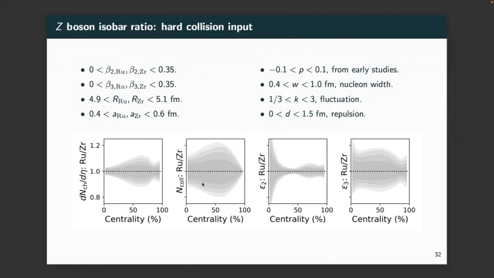Of course, this is for Z boson production that you have to do at the LHC. In that case, if you vary the prior range of your Woods-Saxon parameterizations, then this binary collision actually gives you a lot of sensitivity as compared to particle ratios, especially for these intermediate centrality regions.